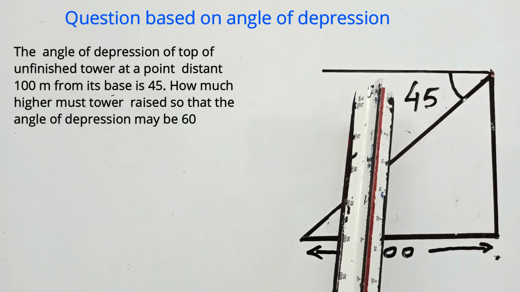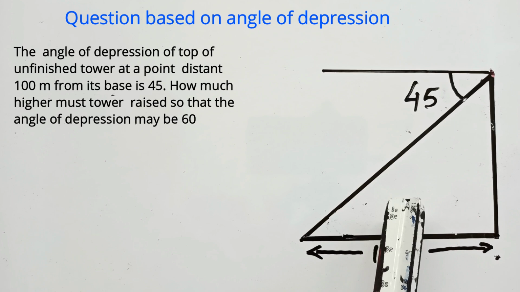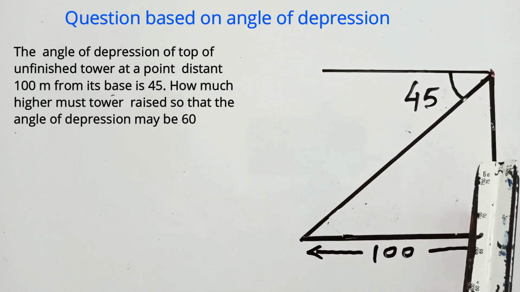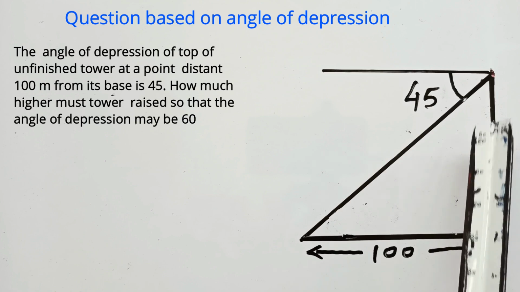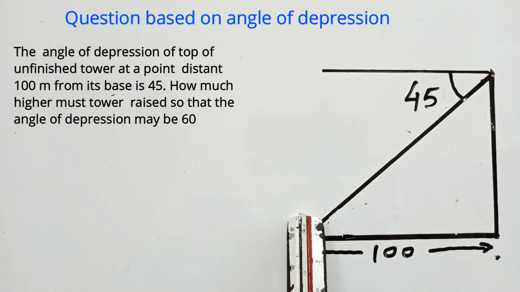The angle of depression of the top of an unfinished tower at a point distant 100 meters from its base is 45 degrees. How much higher must the tower be raised so that its angle of depression at the same point becomes 60 degrees?